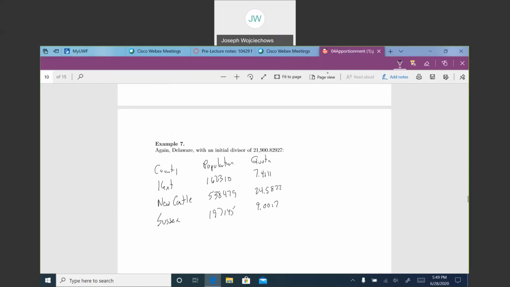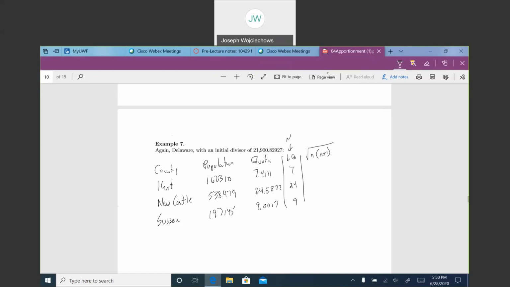Now, we have the same lower quota. I'll just go LQ here: 7, 24, and 9. Right? So the next thing we want is the square root of n times n plus 1.